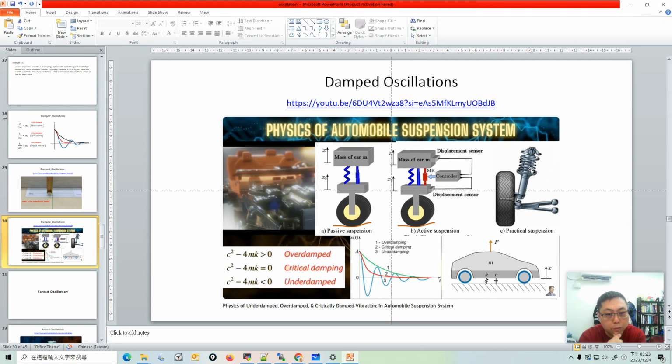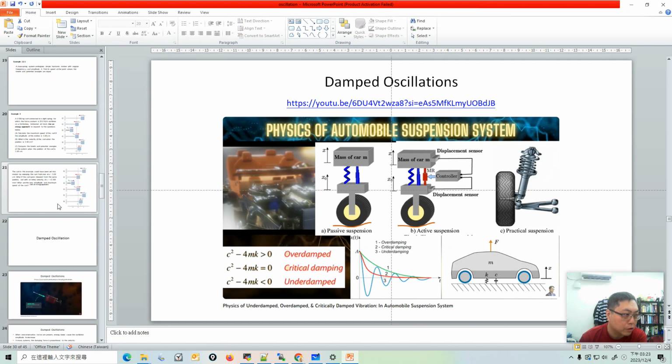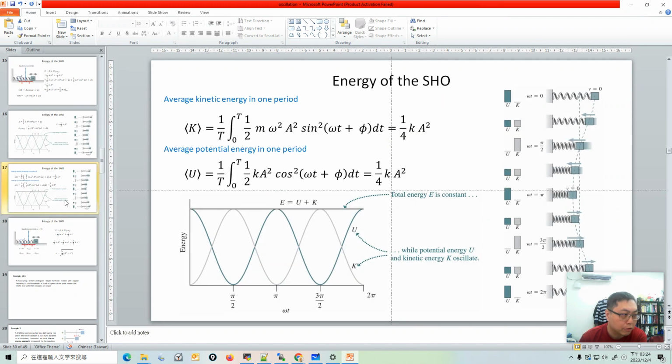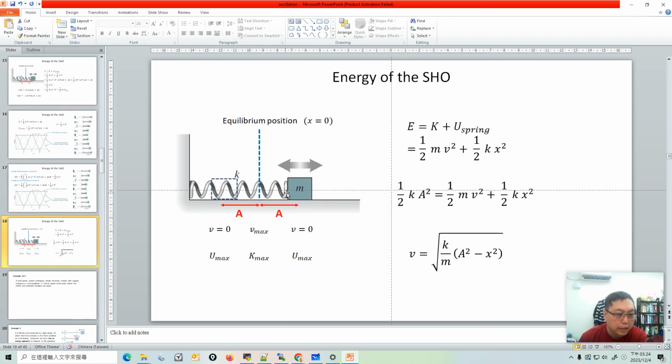But the problem with the spring is that yes, the spring can take and store the energy, but at the same time, after it absorbs the energy, it will release the energy. Just like the simple harmonic oscillation we demonstrated before, the spring is doing a simple harmonic oscillation, right?